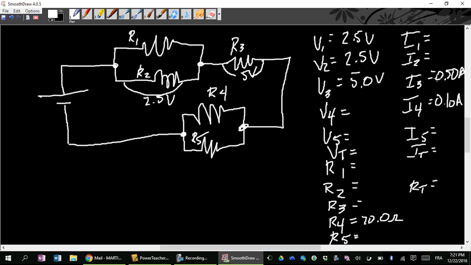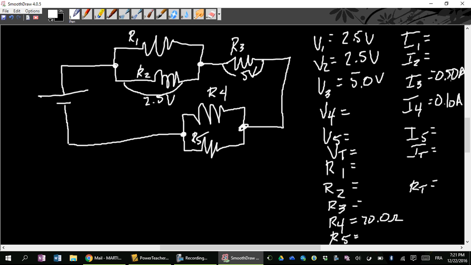What else we know? We know I3. Ooh, we know something good here. We know I3 is 0.5. Ooh, so we can find R3 quite easily here. So R equals this over this. So it's 10.